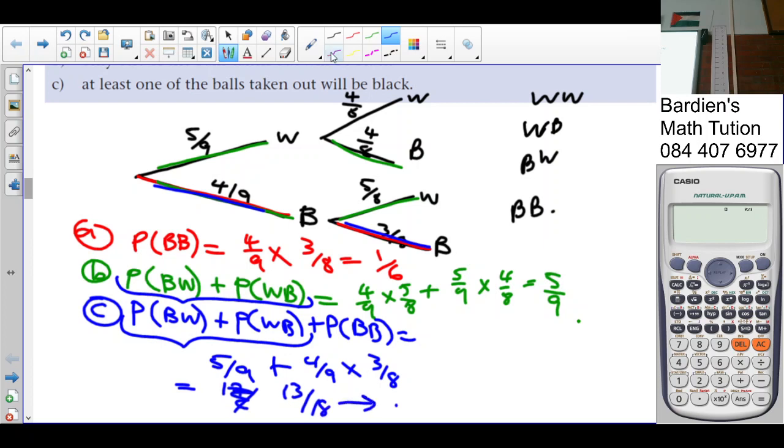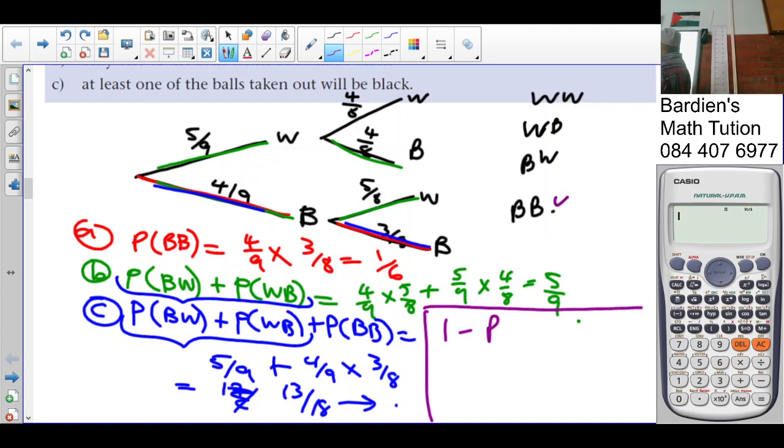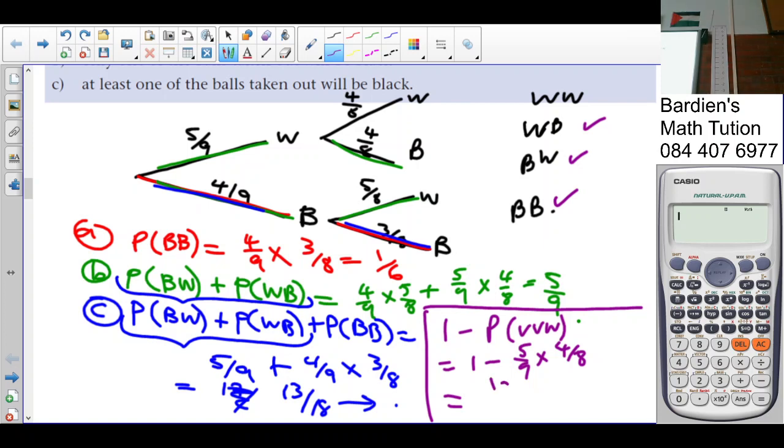If I wanted to apply the complementary event, what would that be? There is going to be 1 minus the probability. You see, at least one black is that thing. Not so? The probability of no black is the same as the probability of 2 whites. So we can say 1 minus probability of 2 whites is 5 over 9 times 4 over 8. Work that out, somebody? 13 over 18.